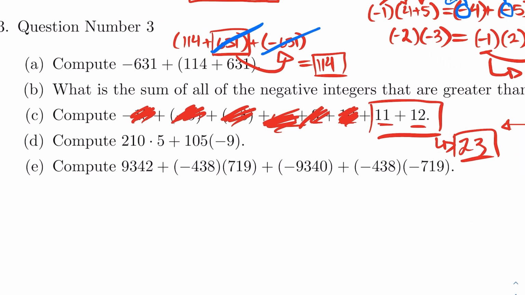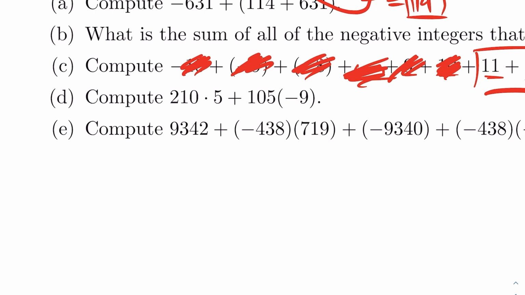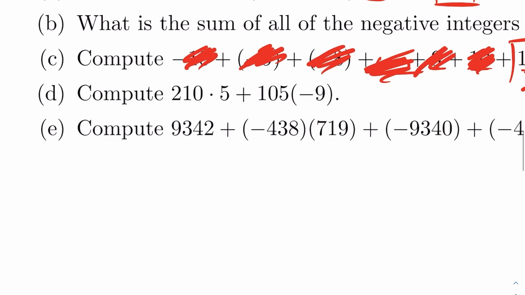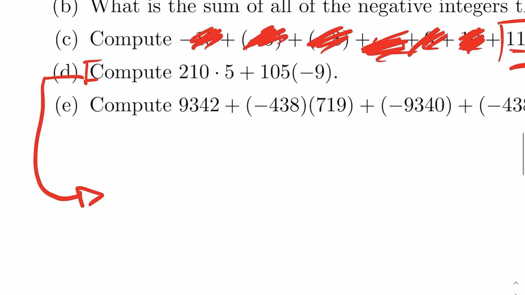So compute 210 times 5 plus 105 times 9. What we can do is take 210 and rewrite this as 210 times 5 plus 105 times negative 9.